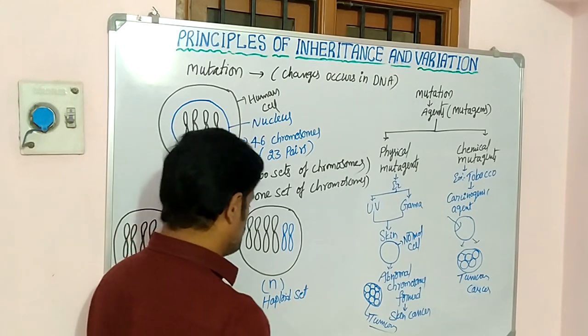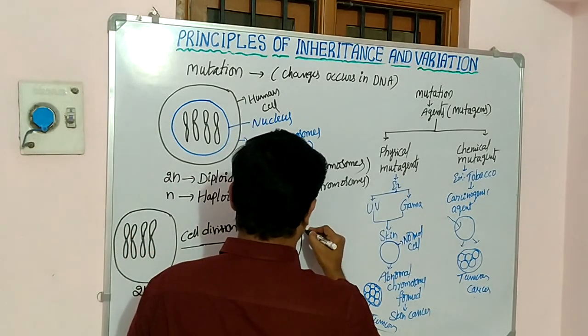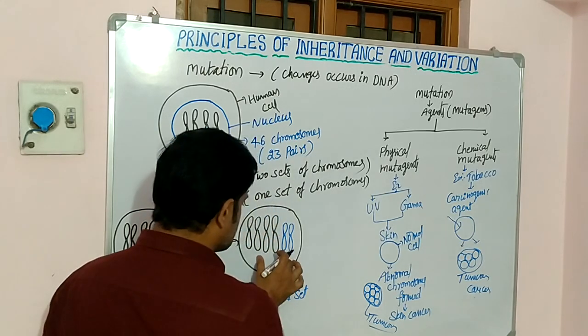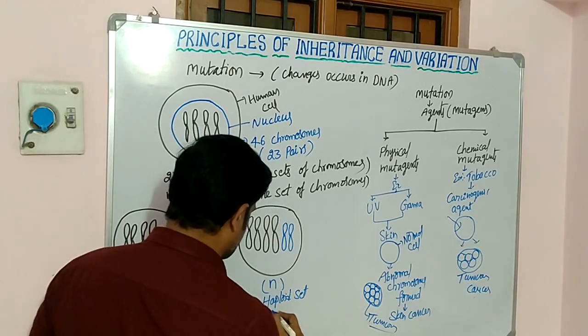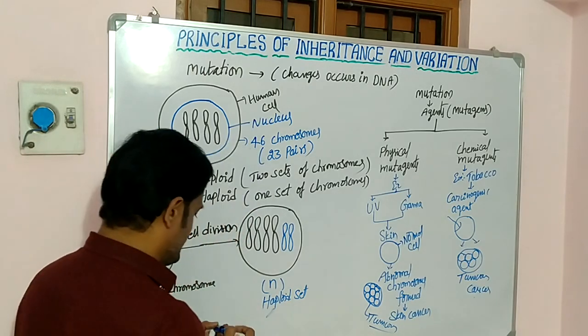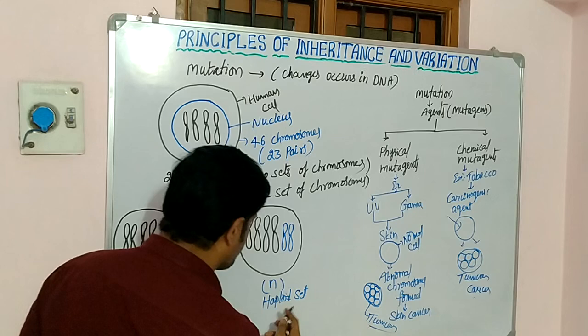It forms 2 cells. So during the cell division, this cell, commonly, is which type of cell? It is a 2n cell only. Remember, this is a 2n cell. But what will happen here? Addition of n.